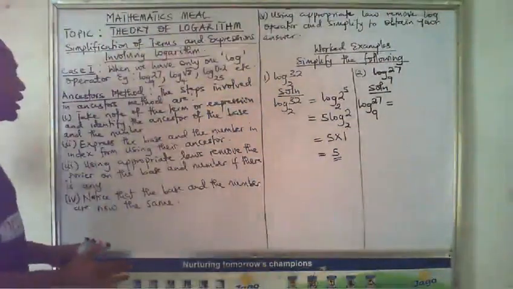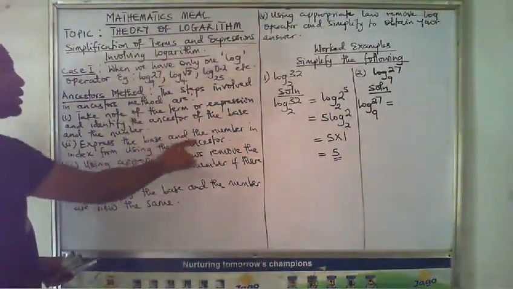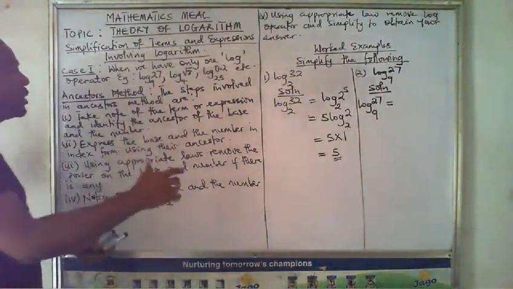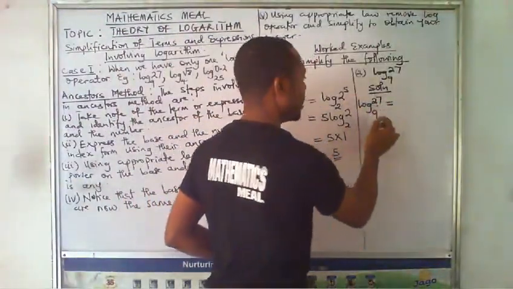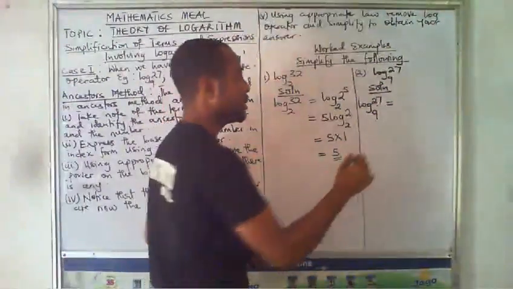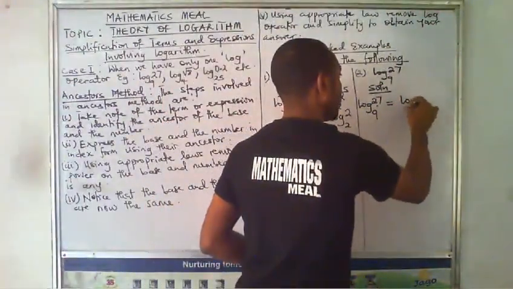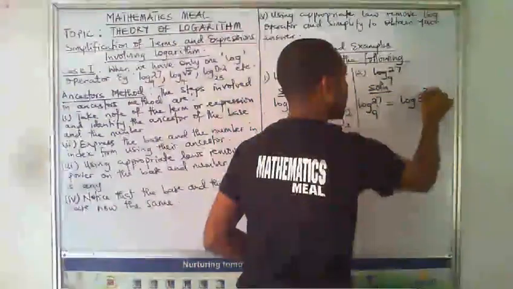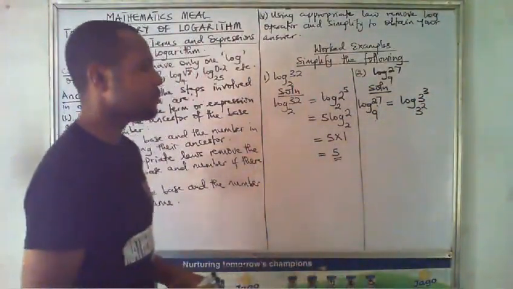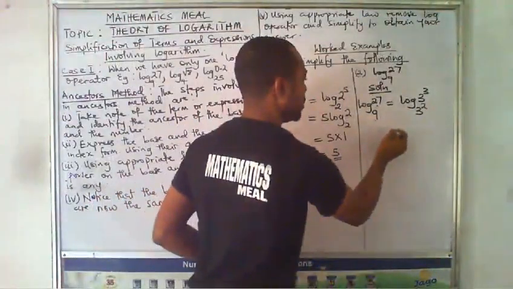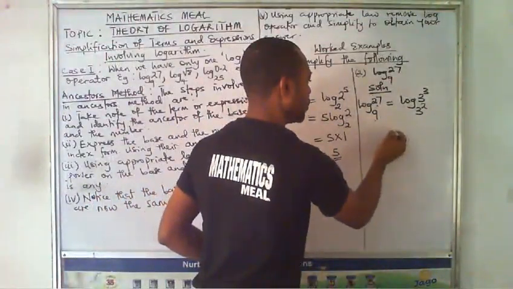And we're going to use that ancestor. Express the base and the number in index form using their ancestor. So let's write this in index form using their ancestor. So we're going to have log 3 raised to the power 3 and 3 raised to the power 2. Beautiful. We have done that. Then, what's the next thing we do?